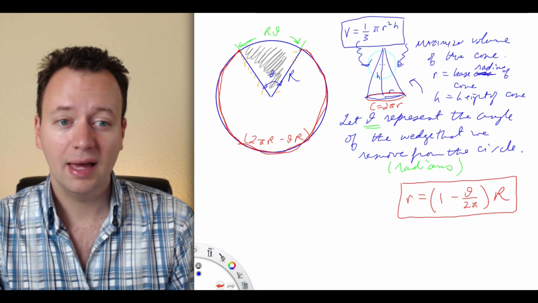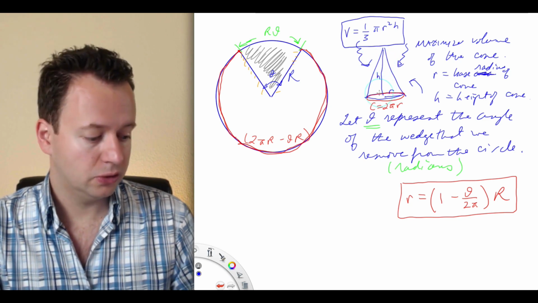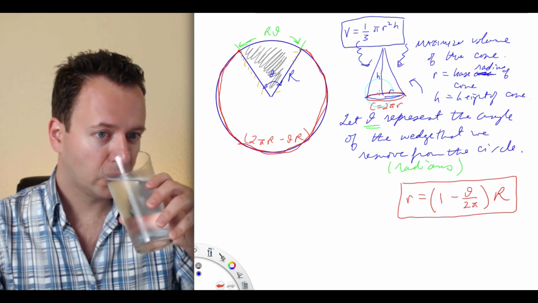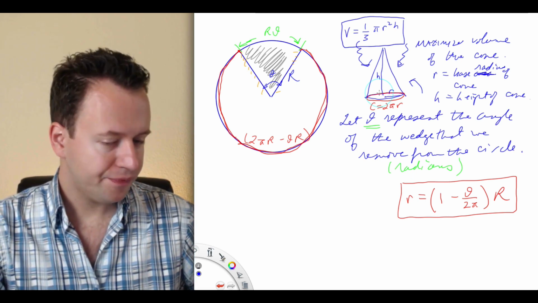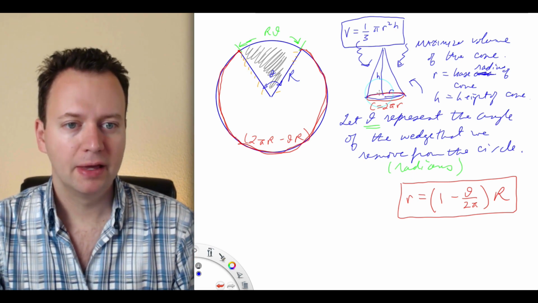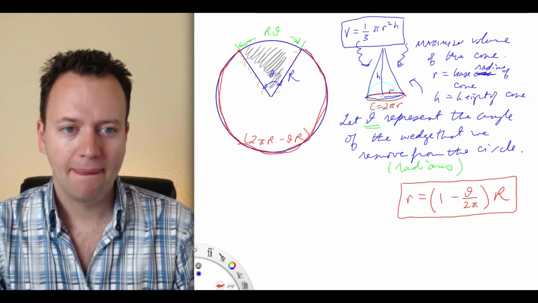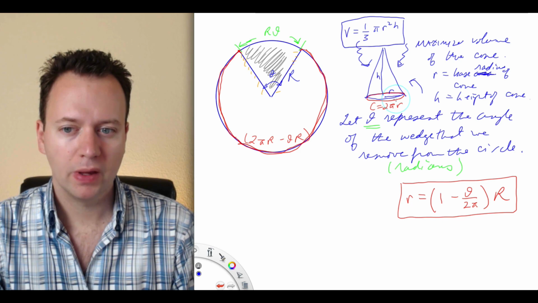Now we somehow have to get the height of the cone in terms of theta. So let's see, how can we do that? How can we figure out the height of this cone in terms of theta? What's the easiest way?